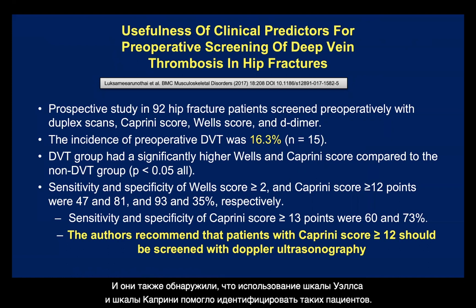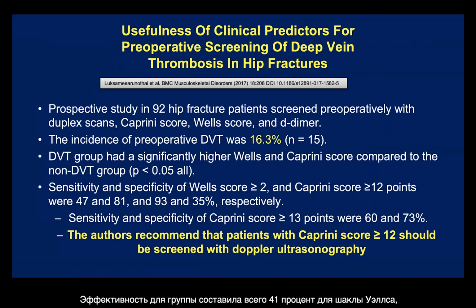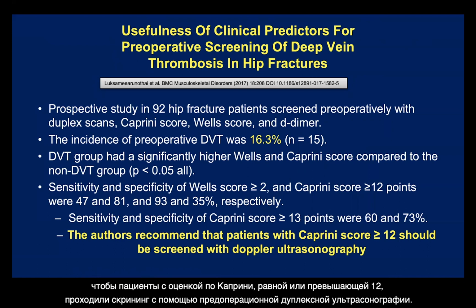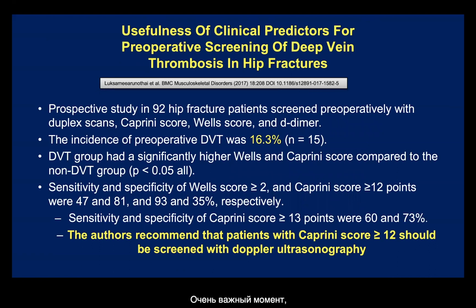And they also found that using the Wells and the Caprini score helped to identify those patients, but the sensitivity of the Wells score was only 41% compared to 81% for the Caprini score. So the authors recommended that patients with a Caprini score equal to or greater than 12 should be screened with preoperative duplex ultrasonography. Very important point, again, illustrating how these set groups have been put out there.